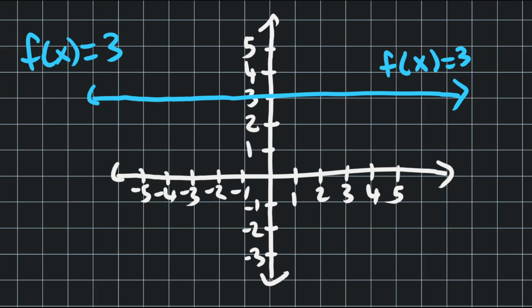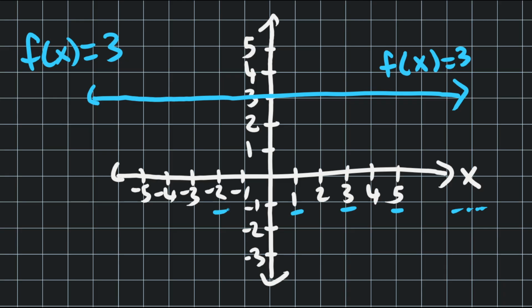So the domain, how you find the domain by looking at the graph, you'd look at the x-axis right here. We see that this blue line, our function, extends to every x value. It can be x equals 1, x equals 3, x equals 5, and all the way to infinity.